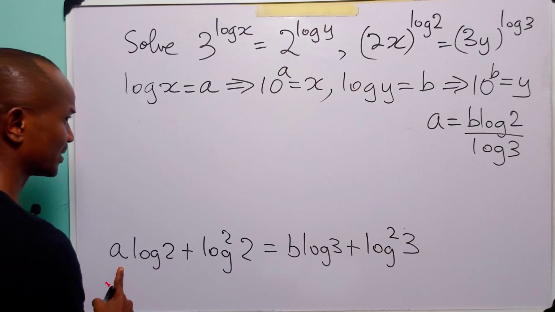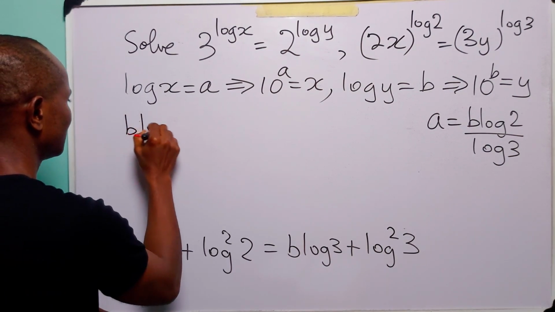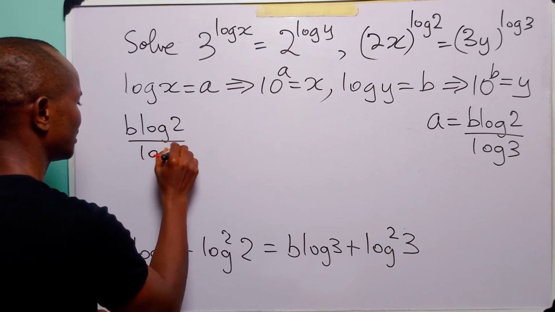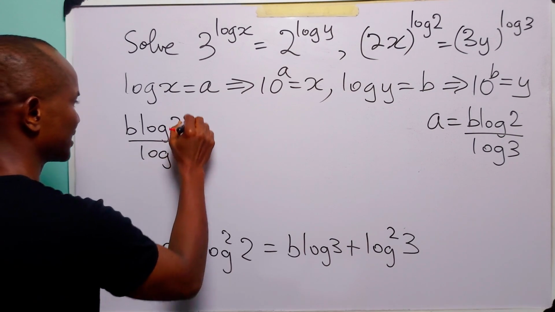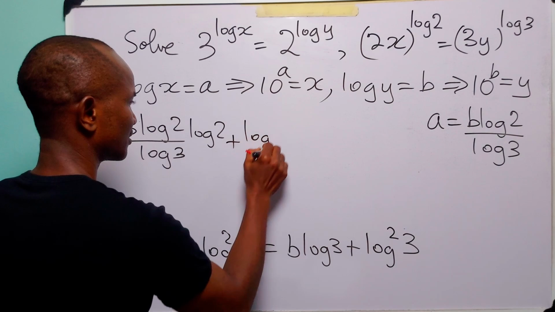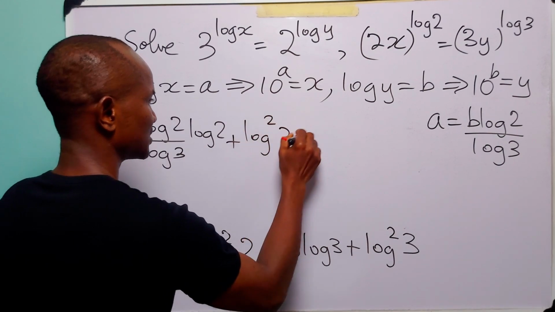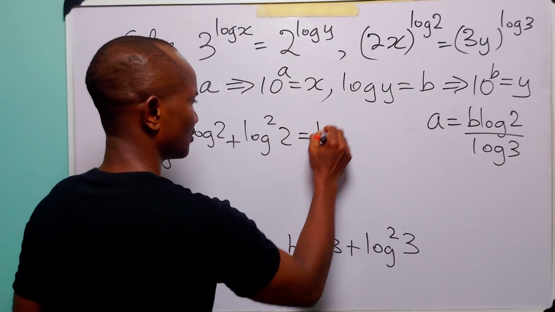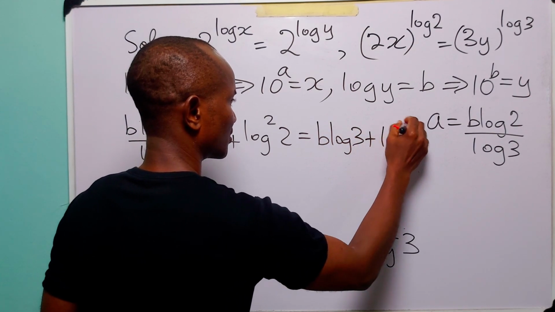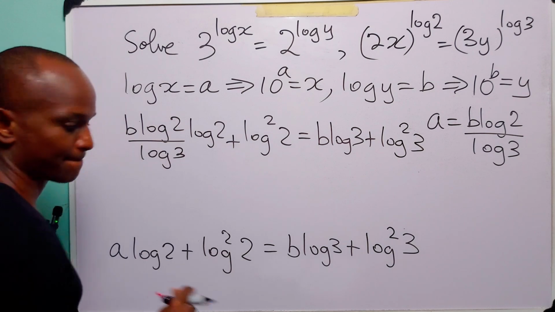That means that here we have b log 2 divided by log 3 multiplied by log 2 plus log²2 is equal to b log 3 plus log²3.